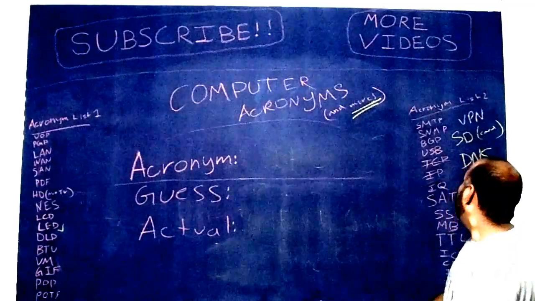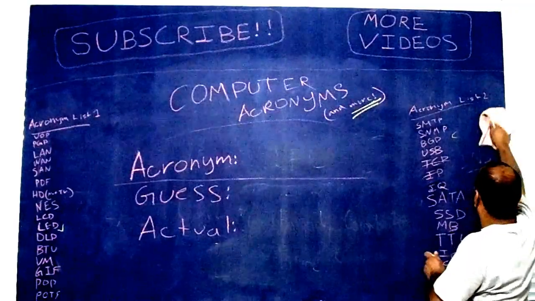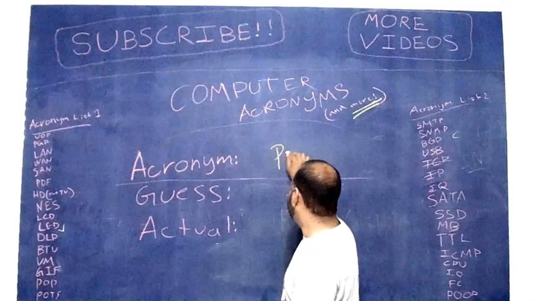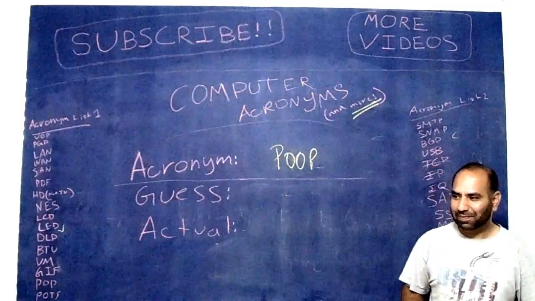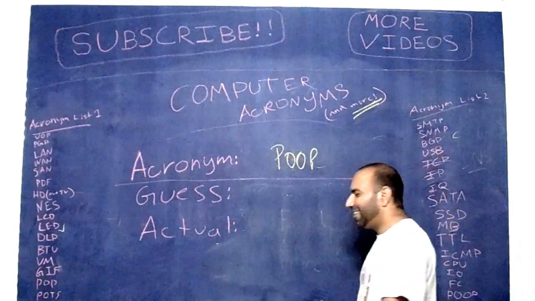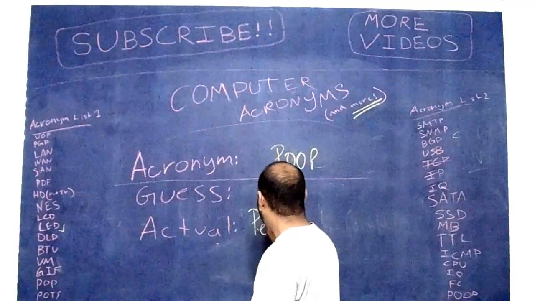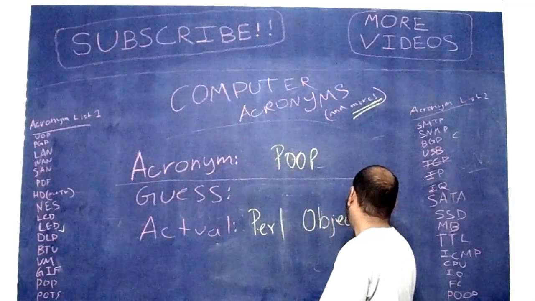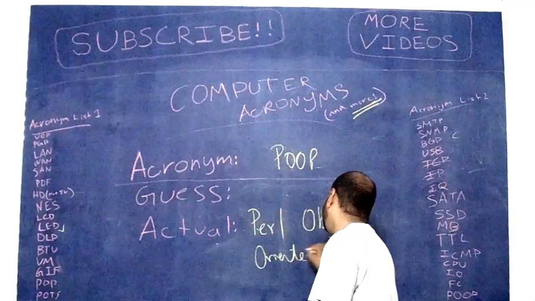What's next? And we got the last one, because we're not going to go over these today. Poop. Oh, we got the favorite one. What does POOP stand for? Well, Acronyms doesn't have it, and tech terms don't have it. I found it online. Another meaning is Perl Object Oriented Programming.